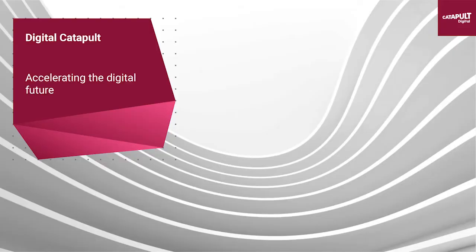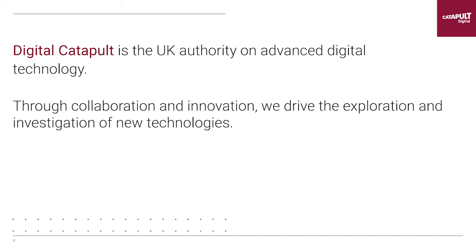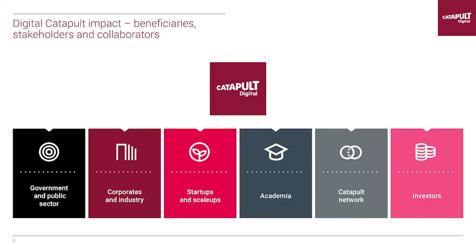Digital Catapult is the UK authority on advanced digital technology. We bring together experts from the community of researchers, startups, scale-ups, and industry leaders to discover new ways to solve big challenges for unlocking the UK's future potential. We have a neutral position in the market.